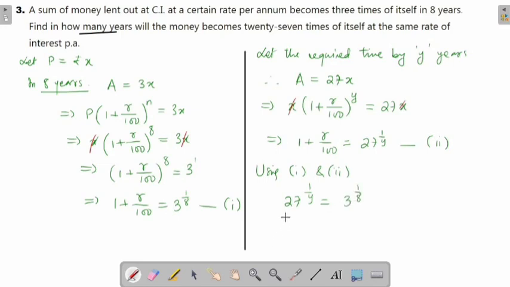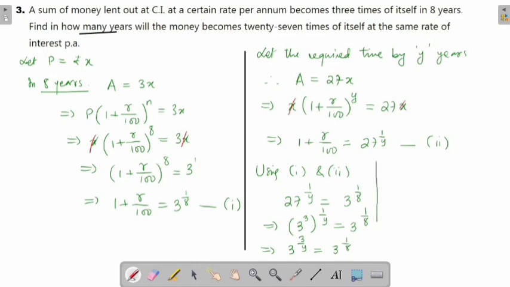Now can I write 27 as 3 cube? So this can be written as 3 to the power 3 into 1 by y, which is 3 by y. So this is equal to 3 to the power 1 by 8. Yes or no?